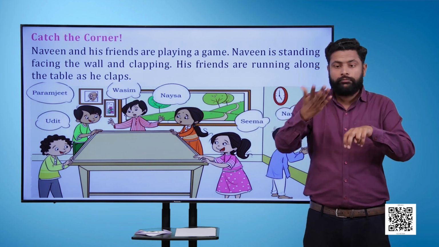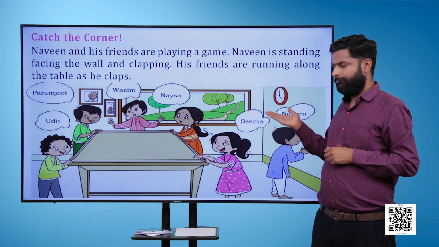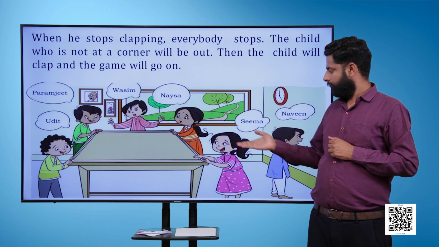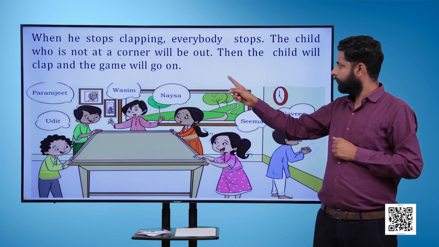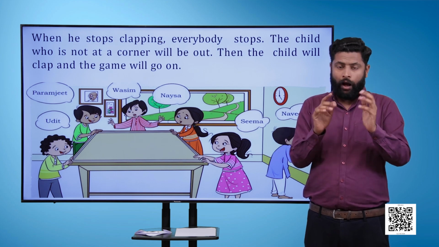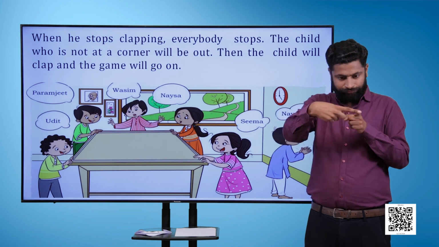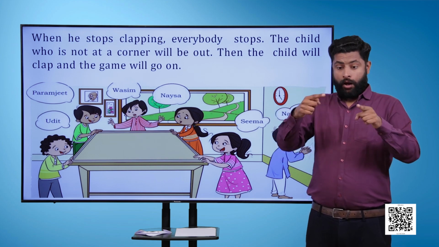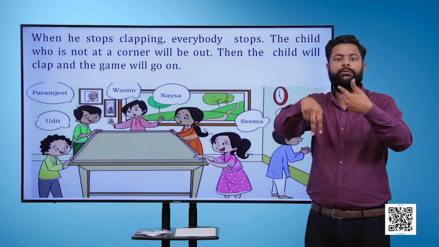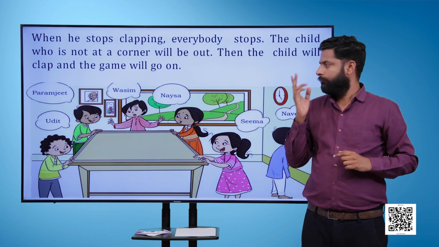His friends are running along the table as he claps. When he stops clapping, everybody stops. The child who is not at a corner will be out. Then the child will clap and the game will go on.